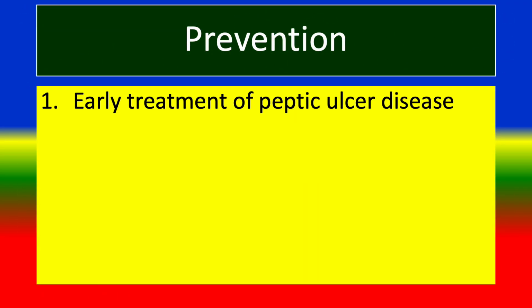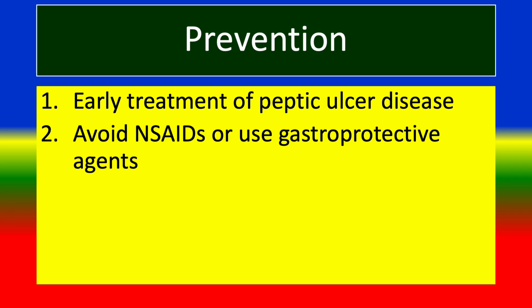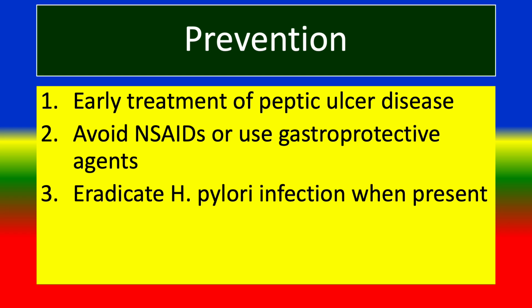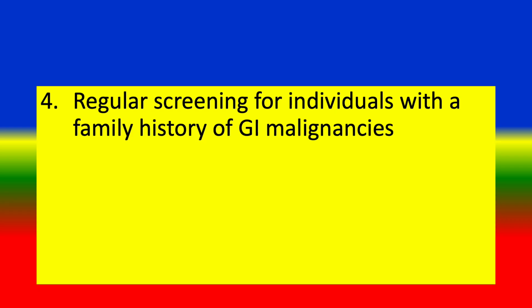Prevention: 1. Early treatment of peptic ulcer disease. 2. Avoid NSAIDs or use gastroprotective agents. 3. Eradicate H. pylori infection when present. 4.